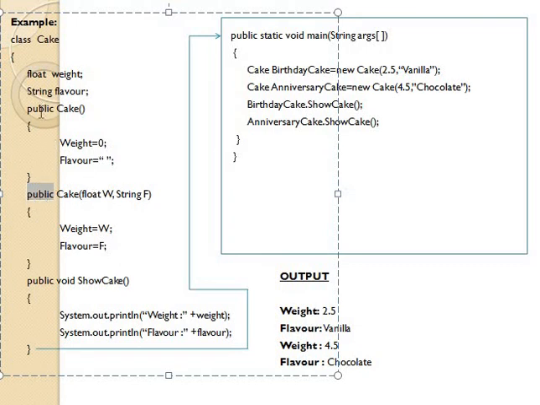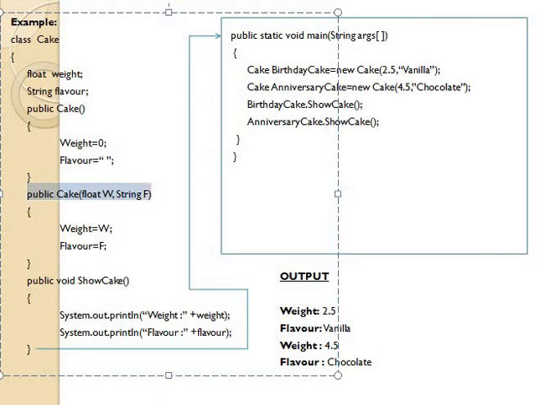Other than that, you have the method name cake, firstly without arguments, and again the method cake with two arguments. Both these methods named cake resemble the name of the class, which is also cake. That is why these two methods are the constructors.